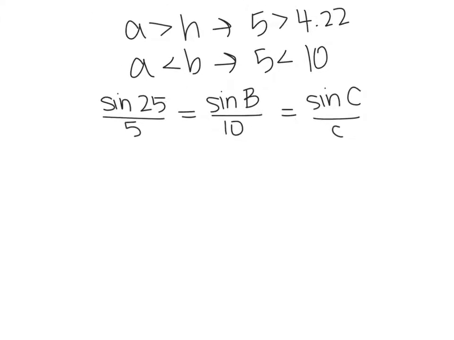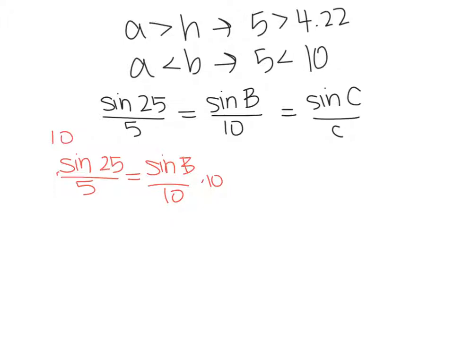So first we're going to use our ratio to solve for our first possible angle of B. So sine of 25 over 5 equals sine of B over 10. Multiply both sides by 10. Sine of B equals 10 times the sine of 25 over 5.